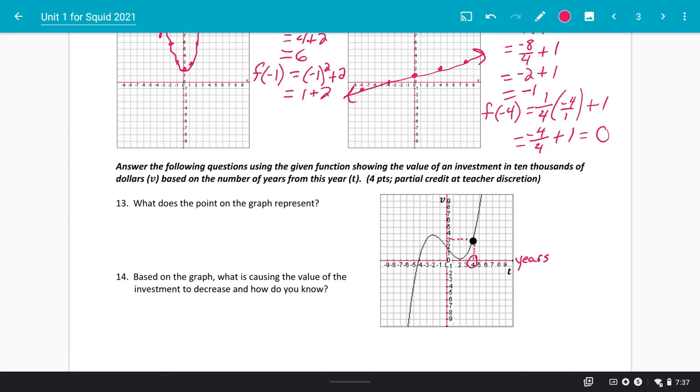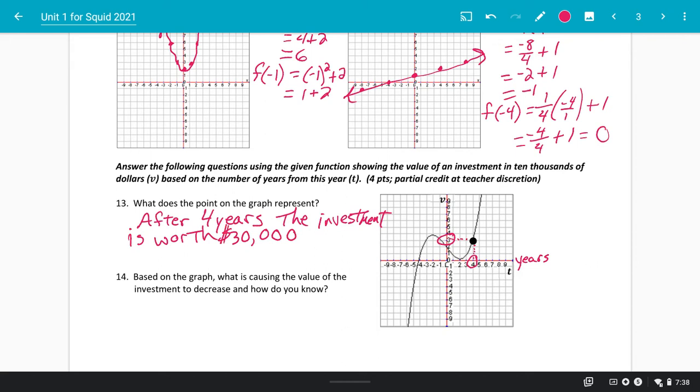So after 4 years, the investment is worth $30,000. That's my kind of investment right there.